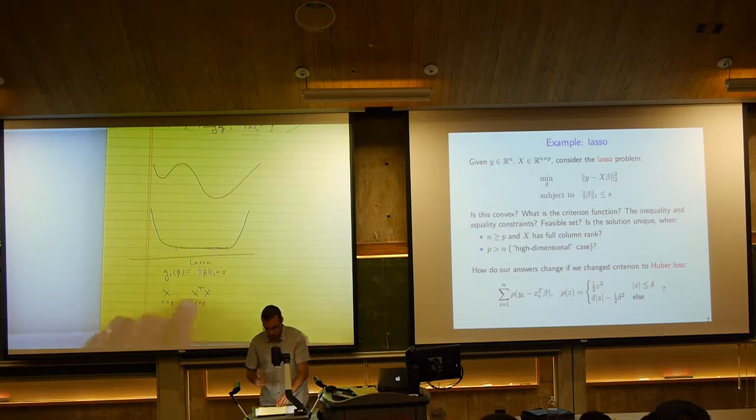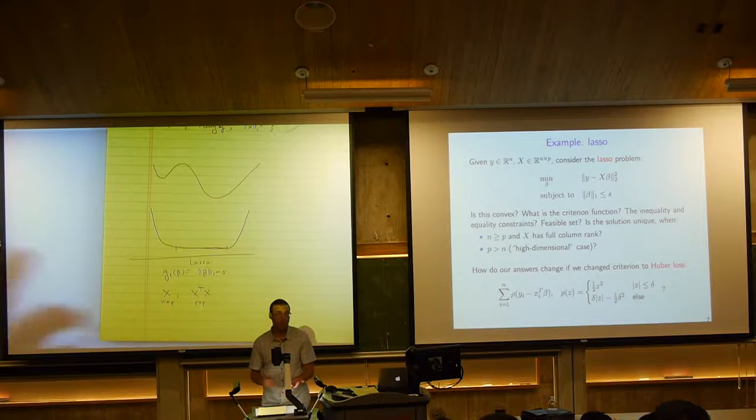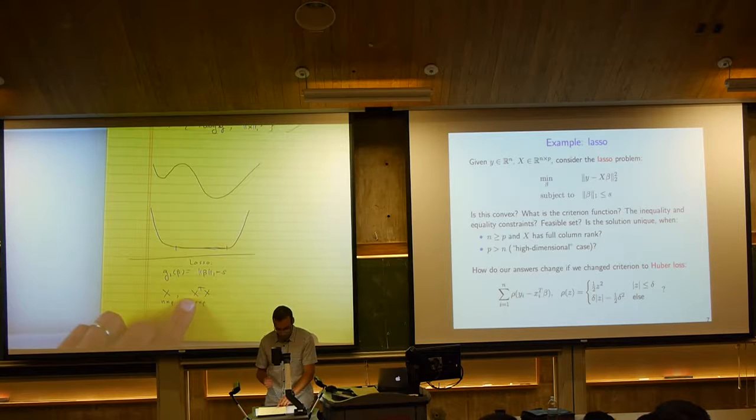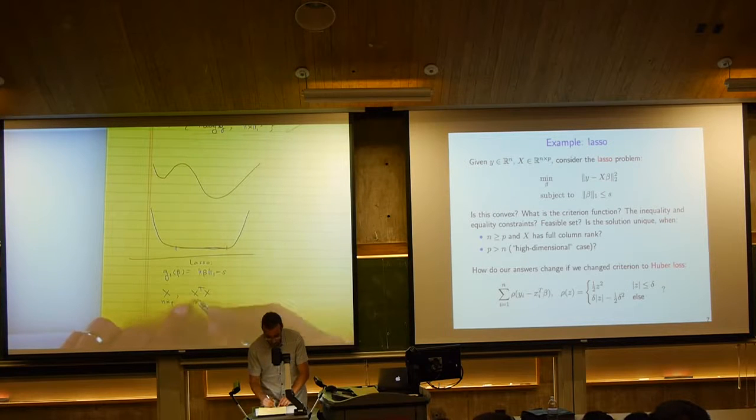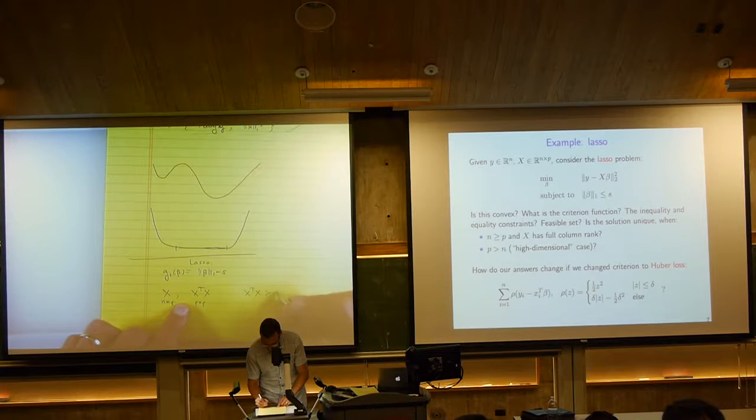Because I can use the second order condition for convexity and check that X transpose X being strictly positive definite is equivalent to X having linearly independent columns.